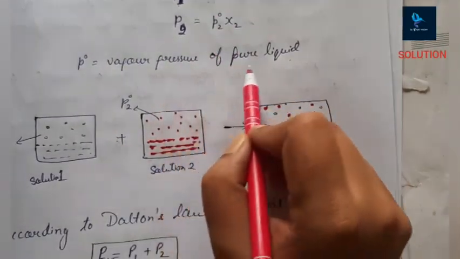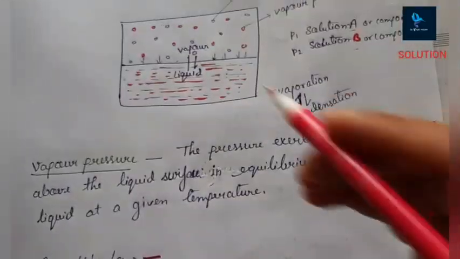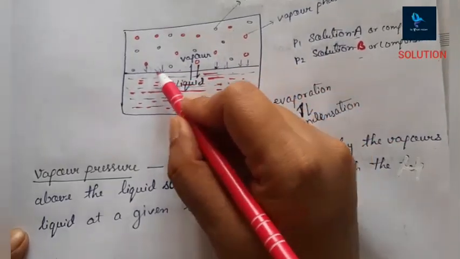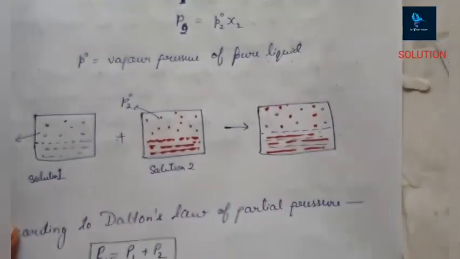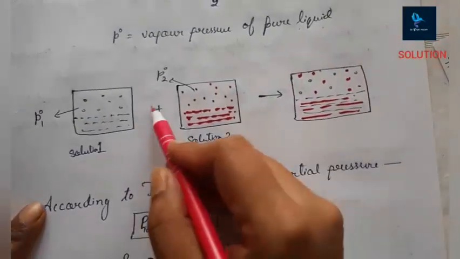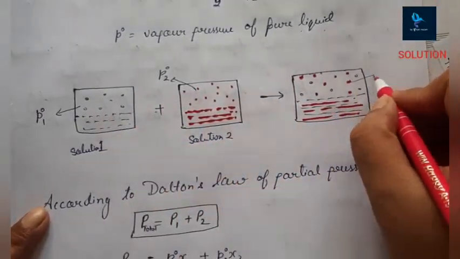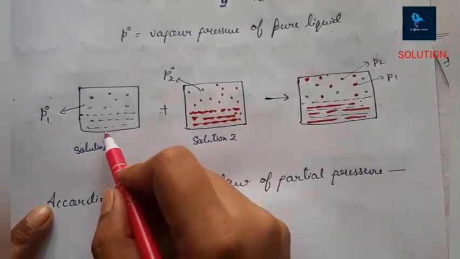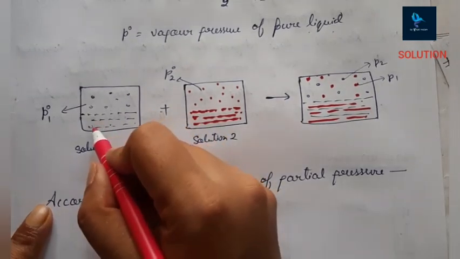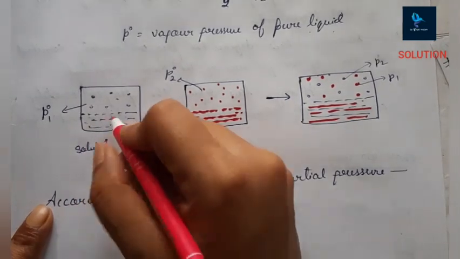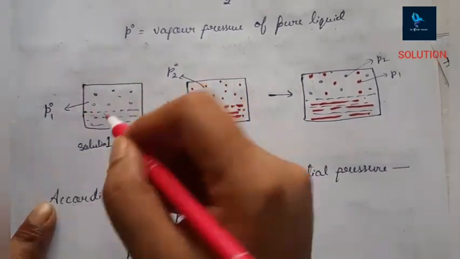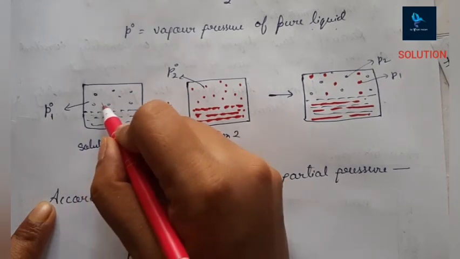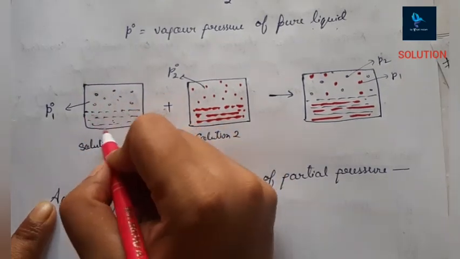What do you mean by the vapor pressure of a pure liquid? When both liquids are taken separately, you can easily see that this liquid, which I drew in blue pen, P1, forms some vapors and is in pure form.